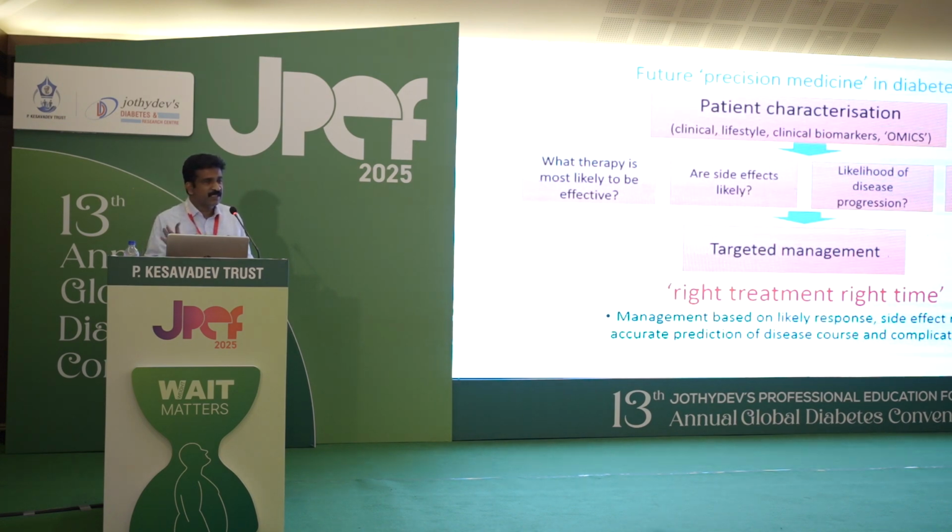This means classifying patients based on clinical aspects, lifestyle, biochemical markers, management and complications. The main concept is that the right treatment is given to the right patient. In fact, we are inching towards precision medicine.